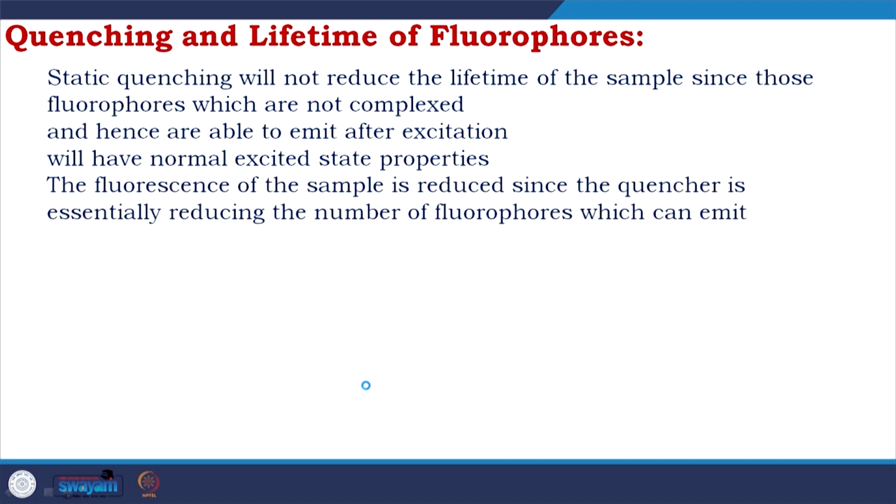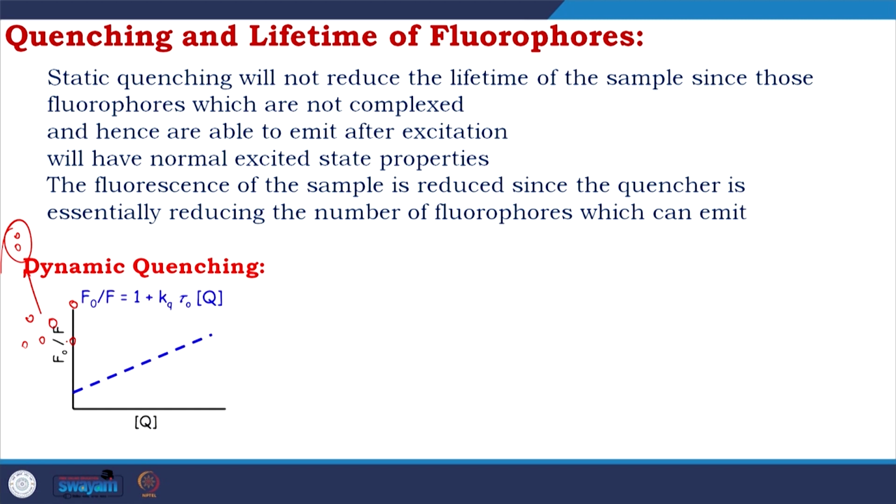The fluorescence of the sample is reduced, since the quencher is essentially reducing the number of fluorophores. Suppose there are 1, 2, 3, 4, 5, 6, they have taken 2 of them. So, there are now 4. So, they change, and that is how it is affecting.